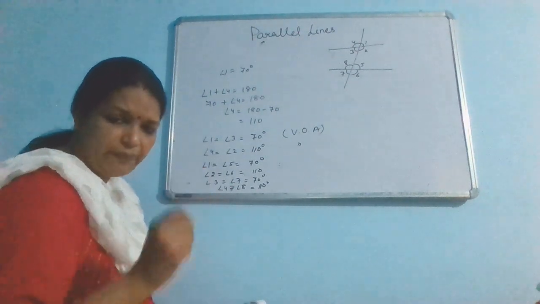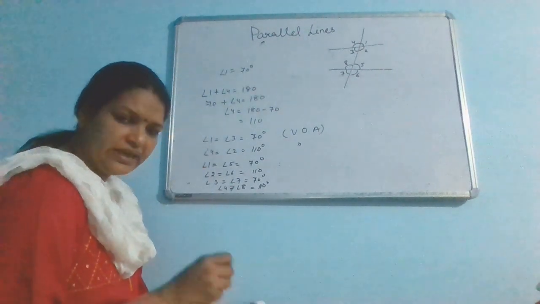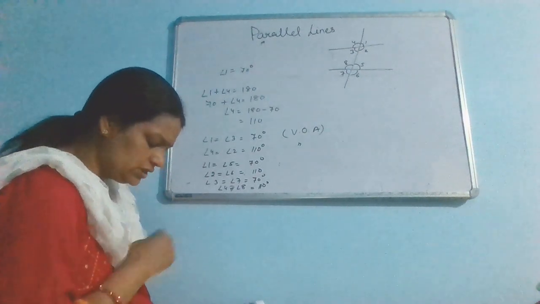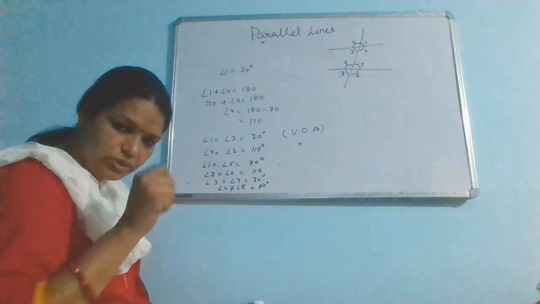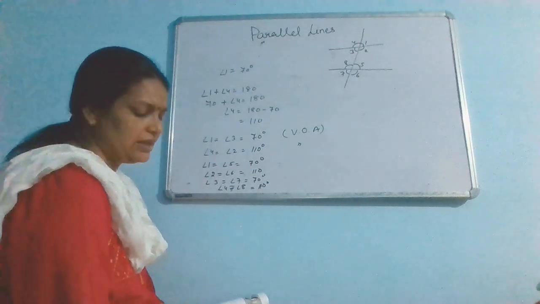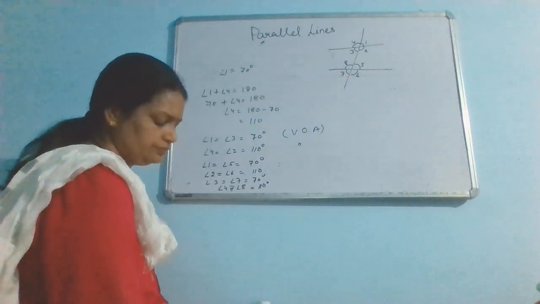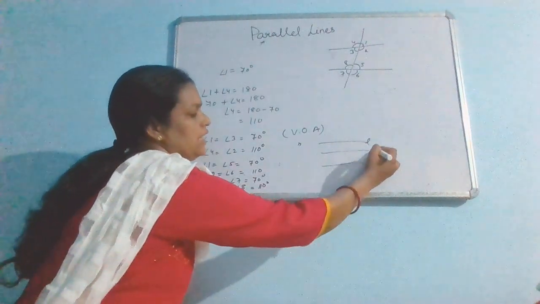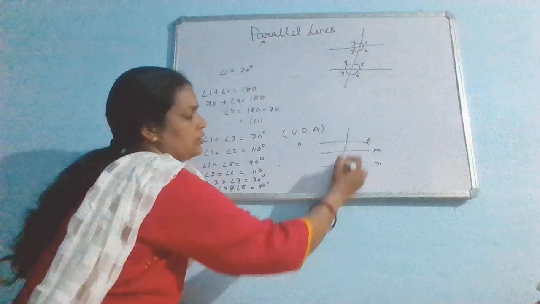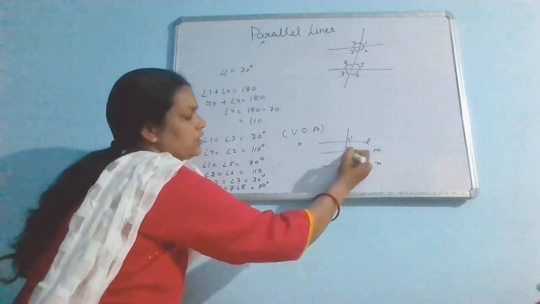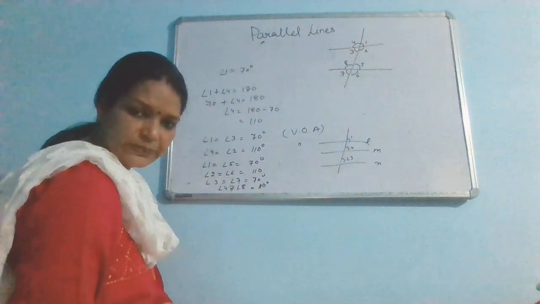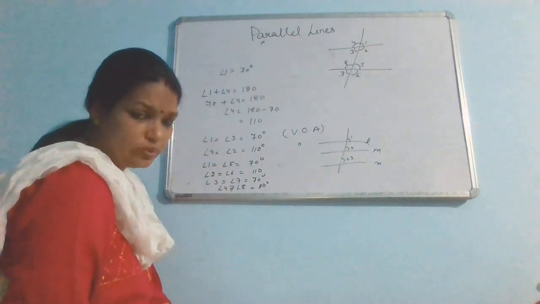So if there are three parallel lines, we can say let L, M, N be three parallel lines. Then I name the corresponding angles as 1, 2 and 3. This is L, this is M and this is N. This is angle 1, this is angle 2 and this is angle 3. So angle 1 is equal to angle 2 because L is parallel to M, corresponding angles are equal.